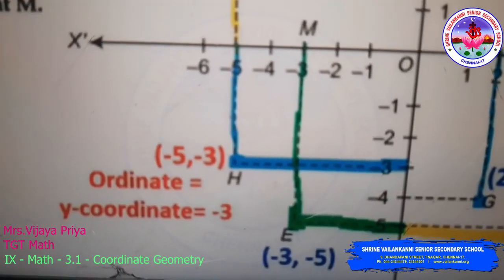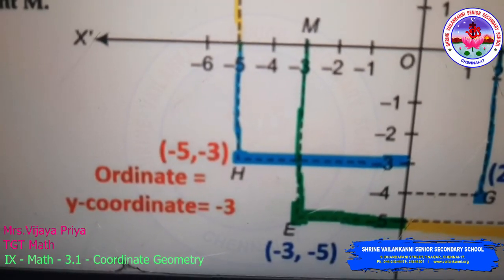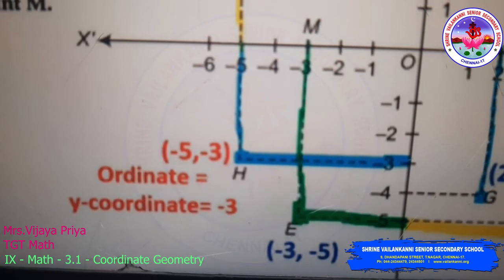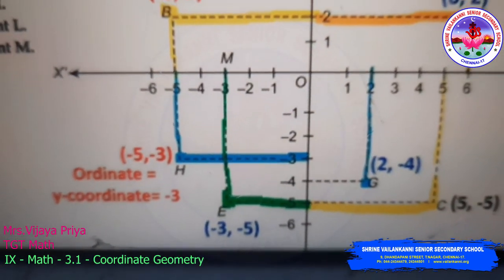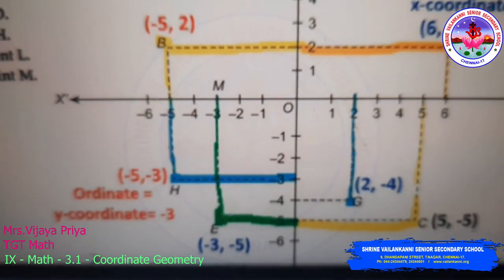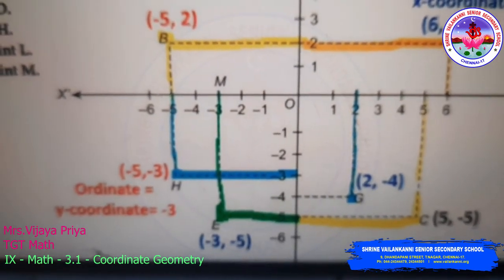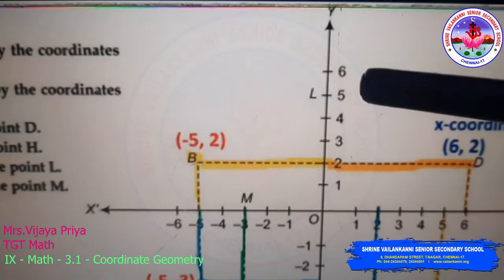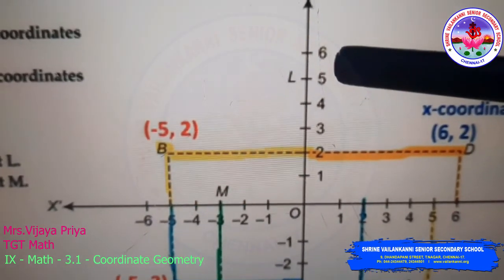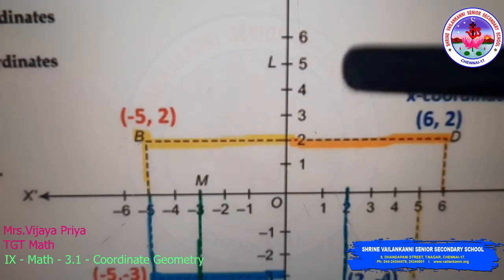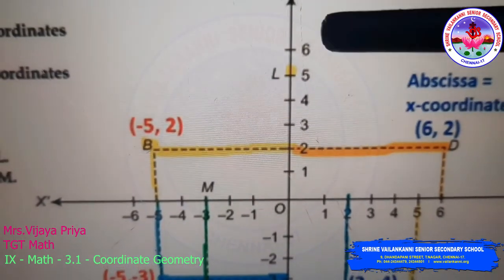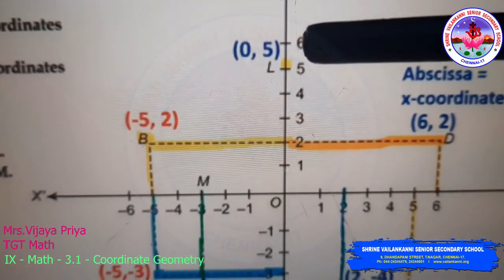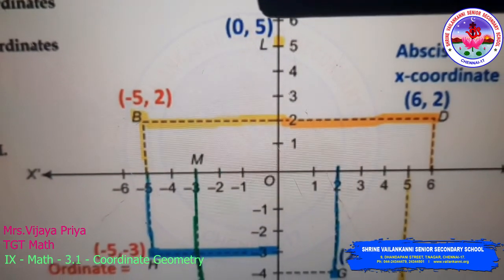Now going to the seventh subdivision, find the coordinates of the point L. L lies on the y-axis, which means the x value must be 0, since if a point lies on the y-axis, then its x coordinate must be 0.